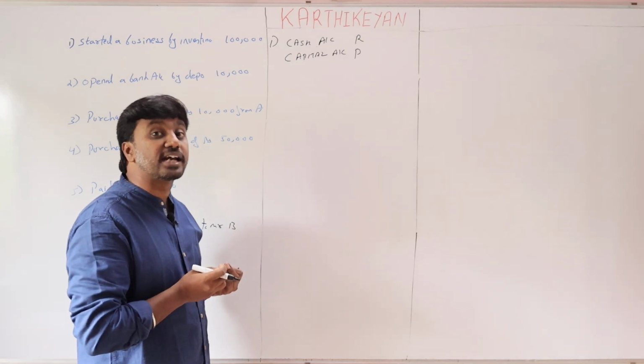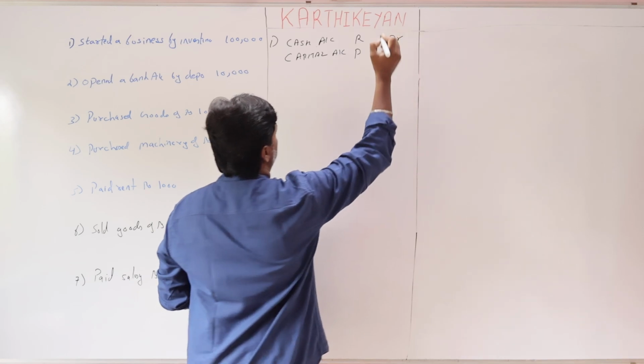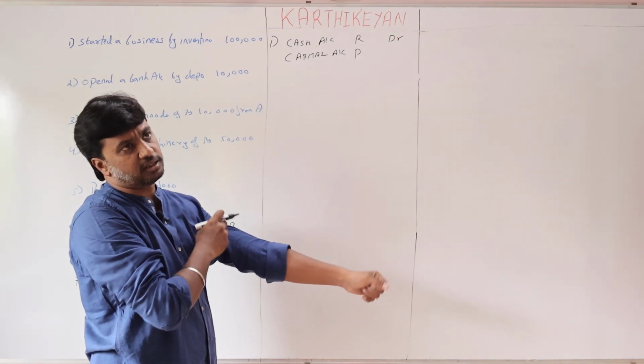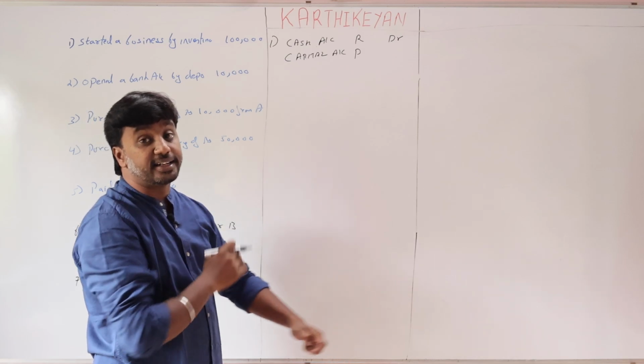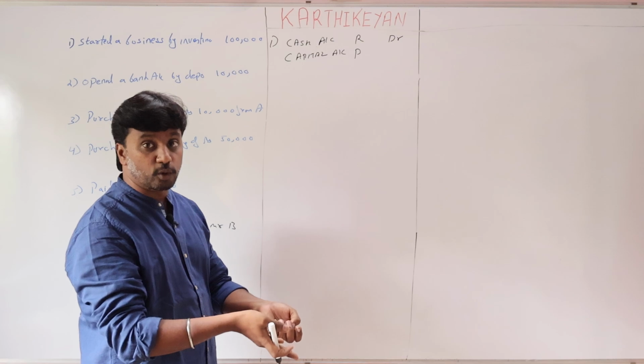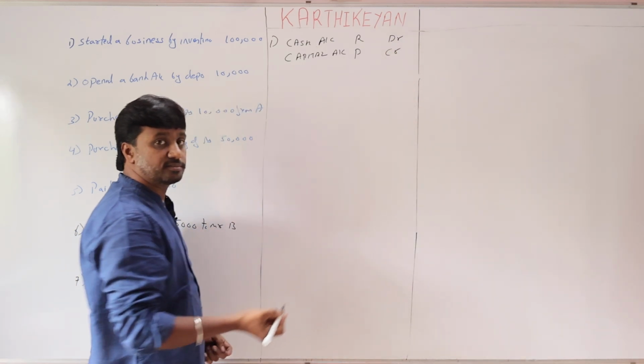Cash is coming inside the firm, so cash account will be debited. Capital account, personal: debit the receiver, credit the giver. Owner is the giver. I am giving the money to my own firm. So here it becomes credit.